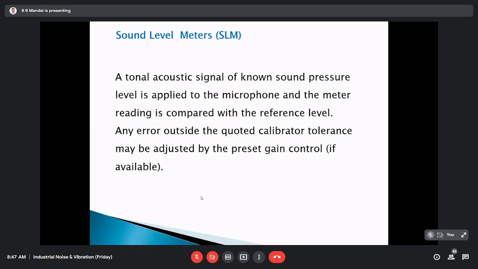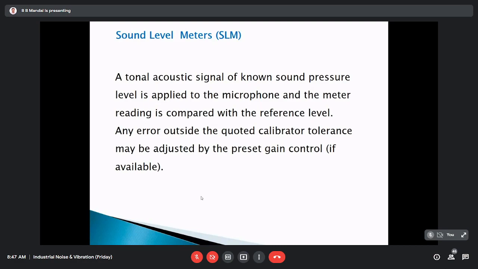Now, in the next class, we'll be doing some numericals for the sensitivity of the microphones, how to define it, and how to select a microphone with a particular sensitivity. Now here you see the microphone sensitivity.